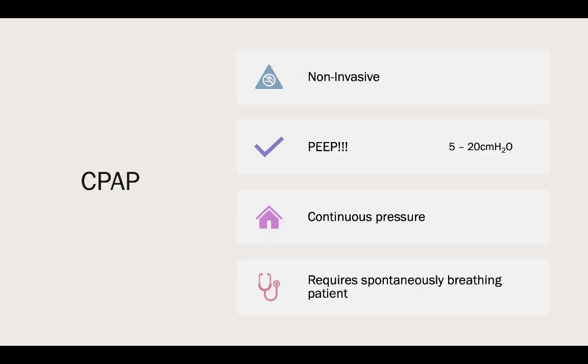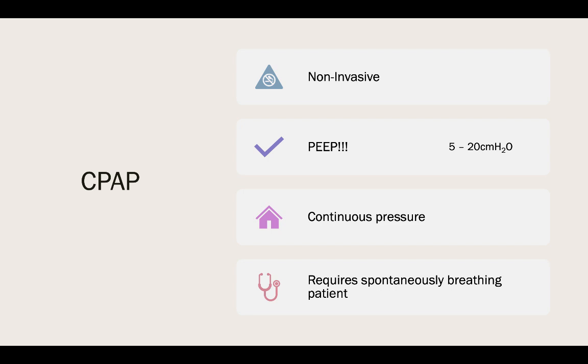First of these modes is CPAP, or continuous positive airway pressure mode. It is, again, a non-invasive mode. We need a spontaneously breathing patient. We need a patient who can maintain his own airway, patient who is alert, conscious, can follow direction for this mode. This is all about PEEP, our positive end-expiratory pressure.